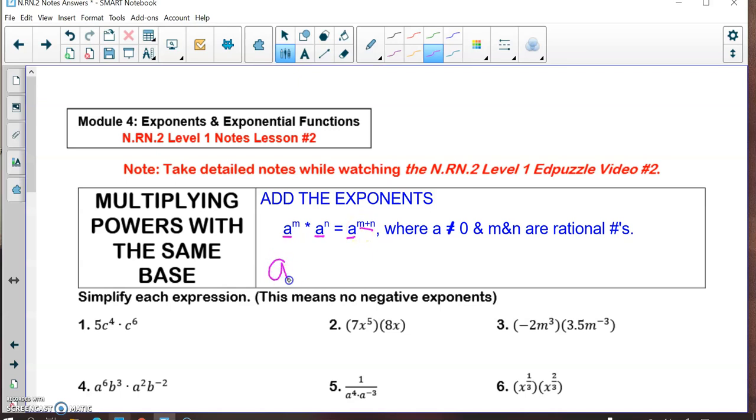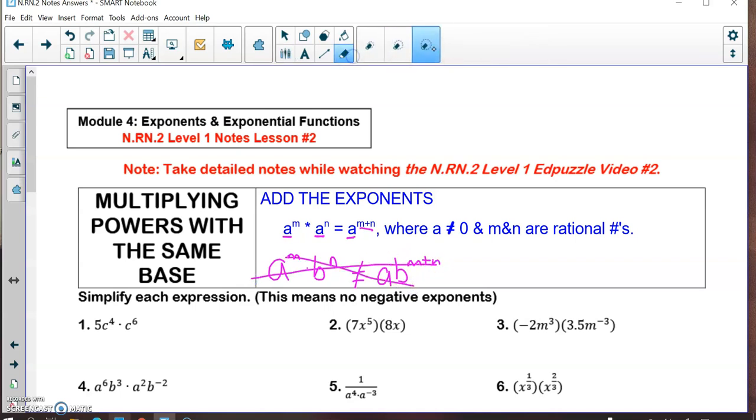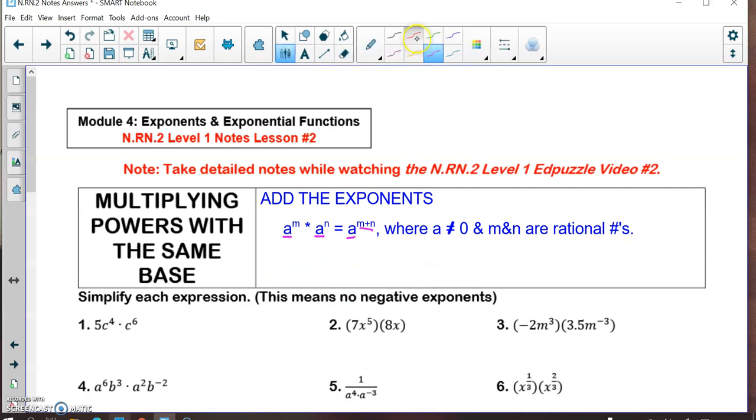But if I had a to the m power times b to the n power, that is not going to be equal to ab to the m plus n power. We cannot do it when we have different bases. But if we have the same bases, we add our exponents.